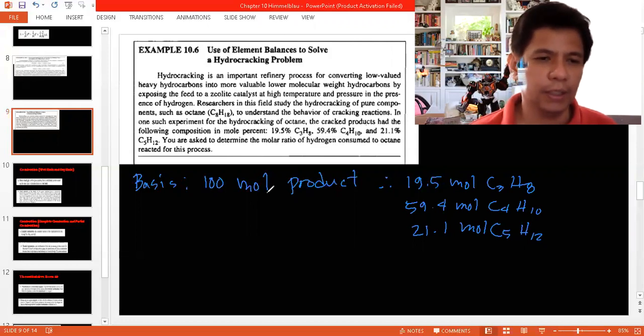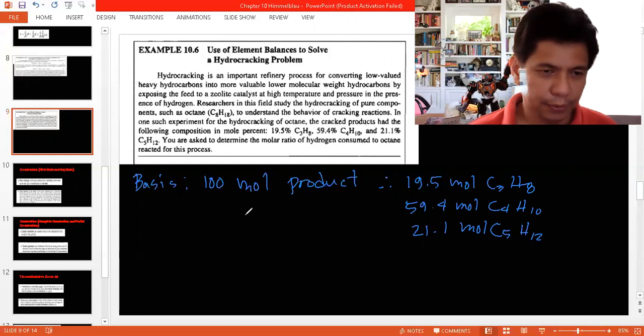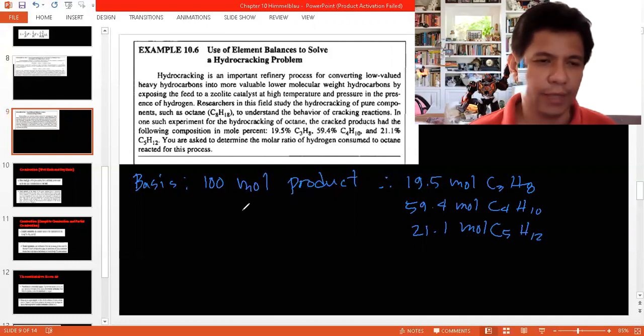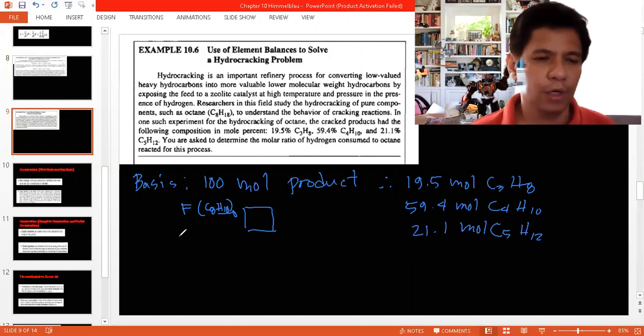Okay. So basically, in our diagram, octane enters. Let's call octane F, like in the book. This is C8H18, so F here is the number of moles of octane. And then hydrogen also enters.